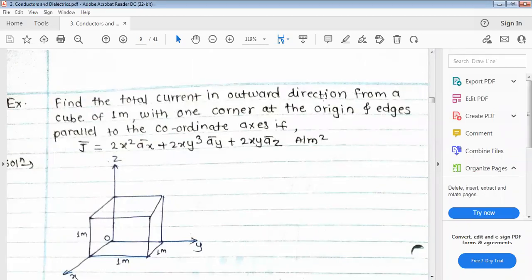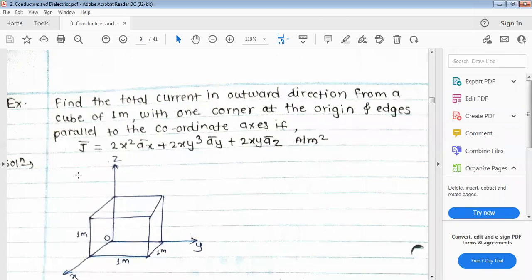We have to find the total current in the outward direction from a cube, which means your volume is nothing but a cube, of 1 meter. 1 meter means each side length is equal to 1 meter, with one corner at the origin and edges parallel to the coordinate axes.